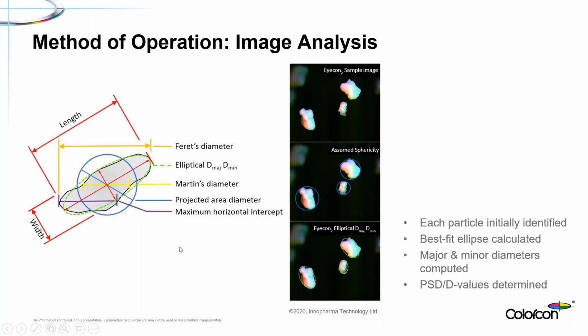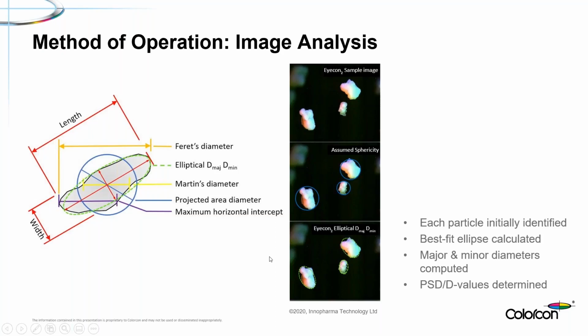The reason we make such a big deal about this elliptical fit is that a huge number of the technologies out there use essentially assumed sphericity. Assumed sphericity, try saying that quickly. And you can see that indicated here in the center image, where every particle is modeled based on a single diametric measurement rather than the two shown below in the green ellipses.